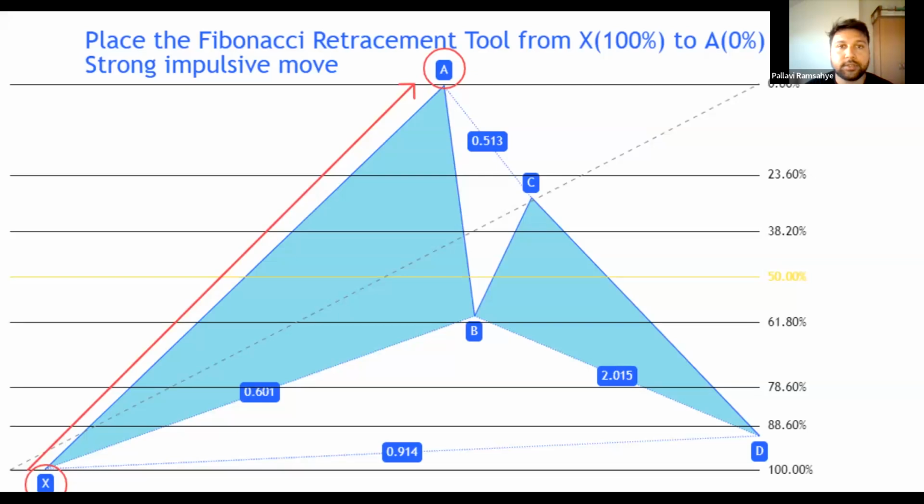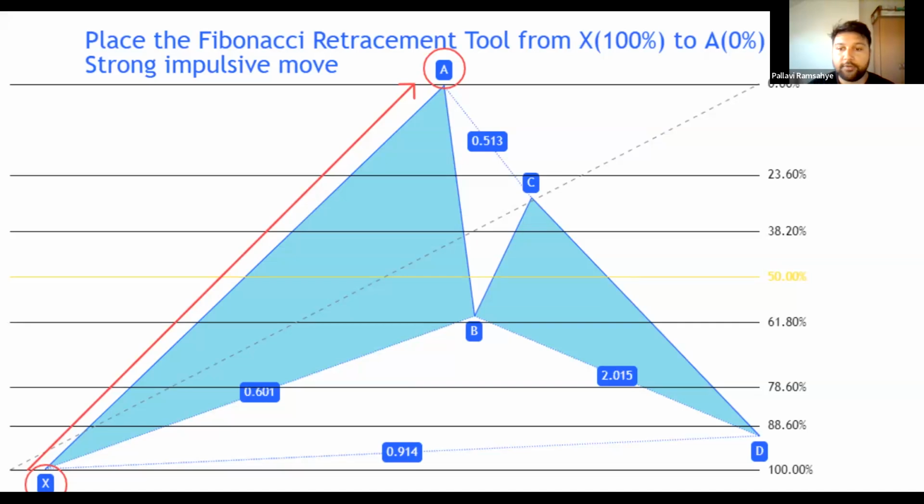From which points will we be placing the tool? Is it low to high? Is it high to low? Anybody could put that in the chat, that'd be fantastic. And there's a specific term that we're looking for as well with this movement. It is on the screen for you.